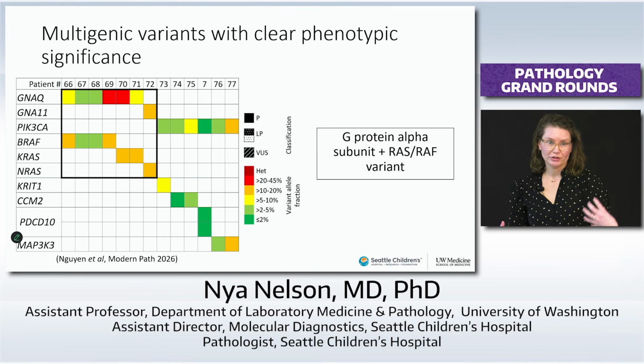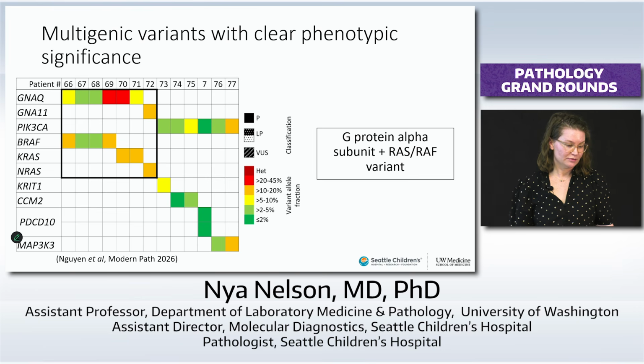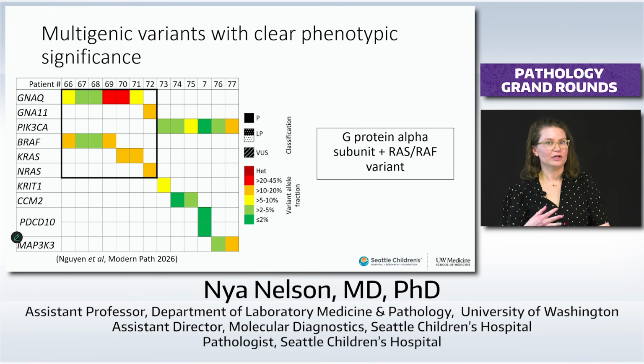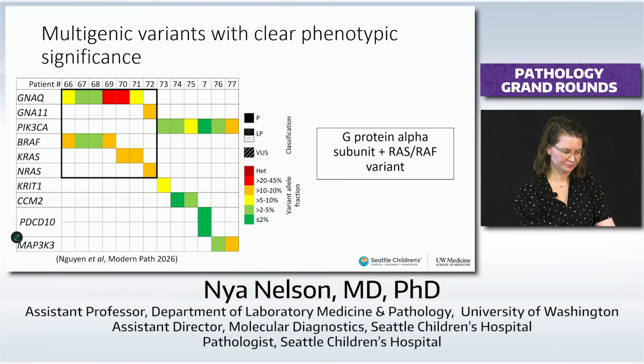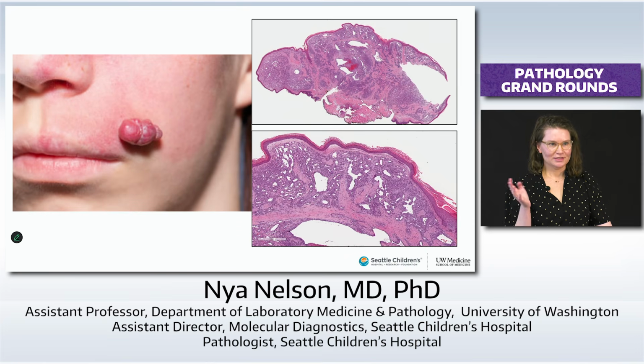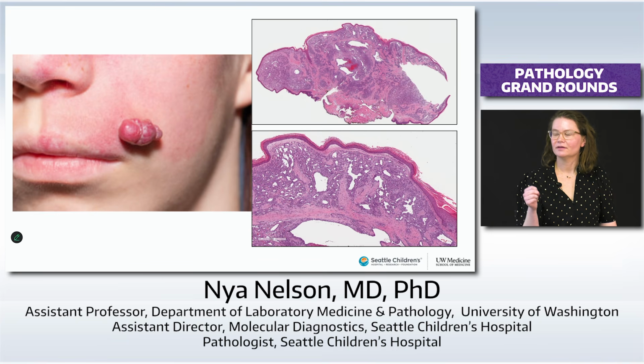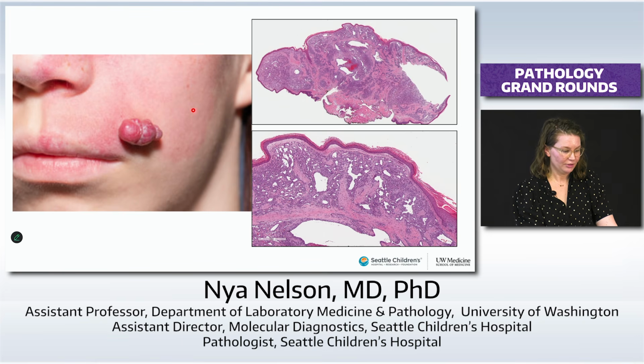The first were individuals who had variants within a G protein alpha subunit in conjunction with either a RAS or RAF variant. And here's an example of one such individual. They have a capillary malformation on their cheek, which I'll outline here, which has been present since birth. And superimposed on that capillary malformation is a pyogenic granuloma.